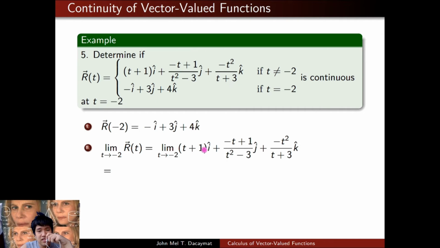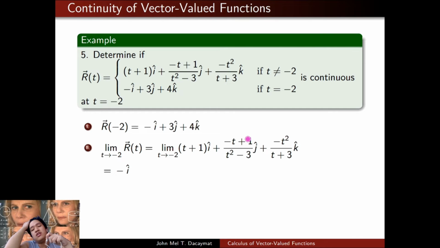And when we do, ano mangyayari? Let's see. Let's try to take the limit. First component, you can just plug in -2, that's -1, so negative I hat. Second component, ano mangyayari? You can plug in -2 din. Wala yata magiging problema, no? Yung taas kasi magiging -t plus 1, so that's 2 plus 1, so that's 3.